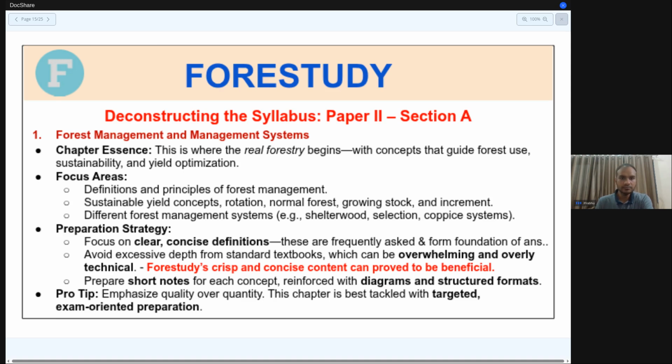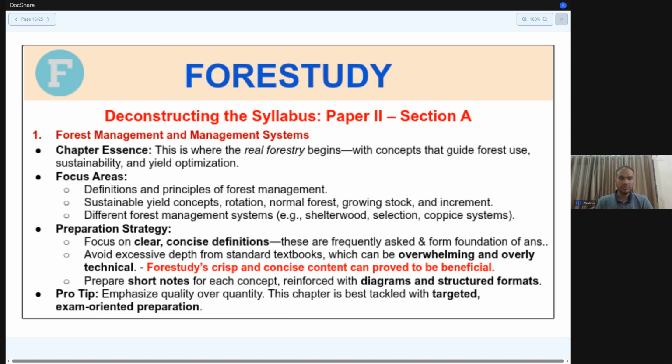In this chapter we will be discussing the concepts and principles that help in managing the forest, and also what yield should be obtained from the forest, and how much, in order to make the forestry operation sustainable.